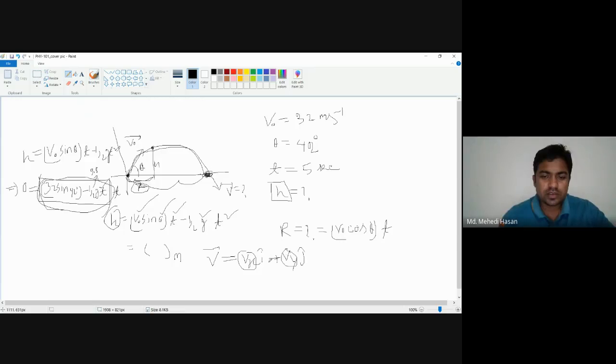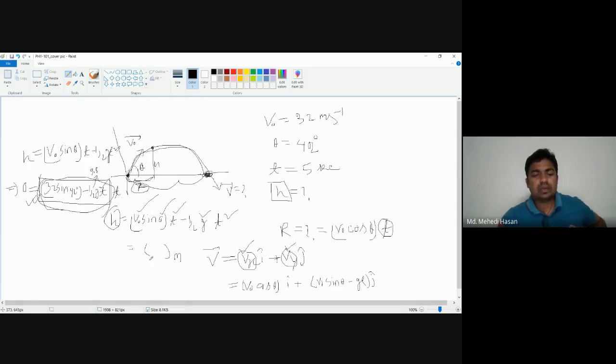So it is v naught cos theta i plus v naught sin theta minus gt j. Then you can easily find the magnitude. This is in vector form, and this t is the time calculated from that equation.